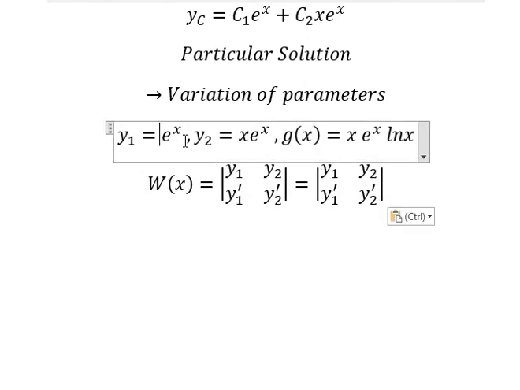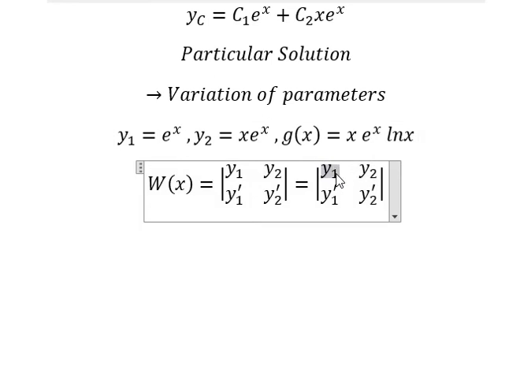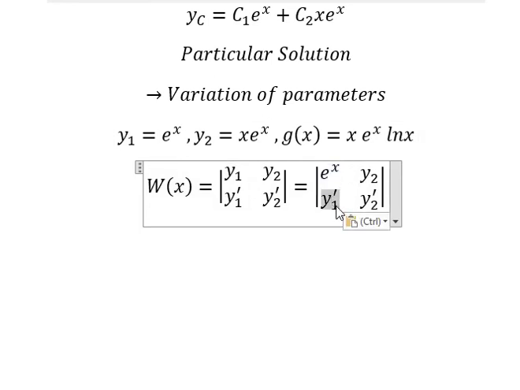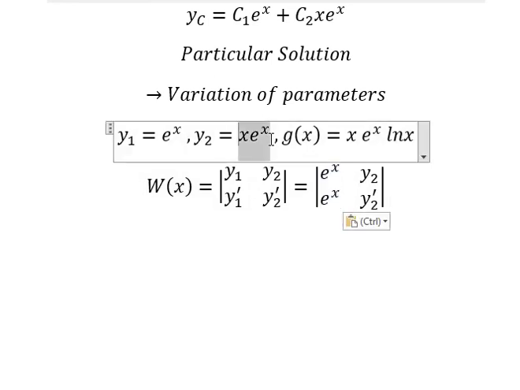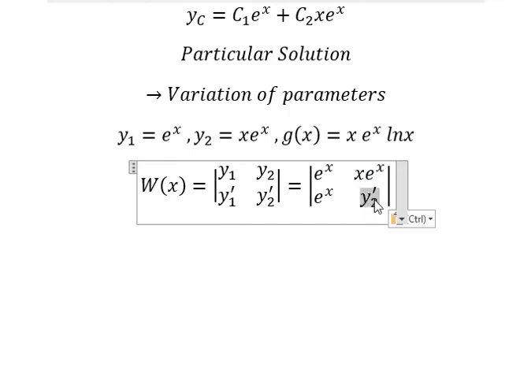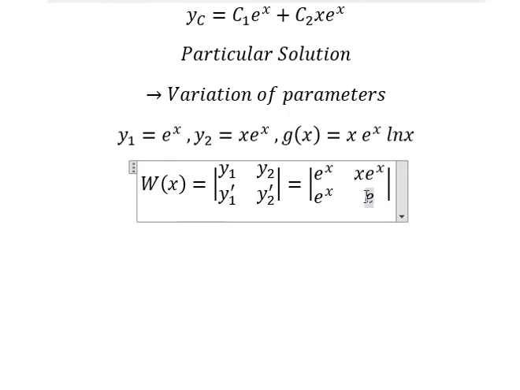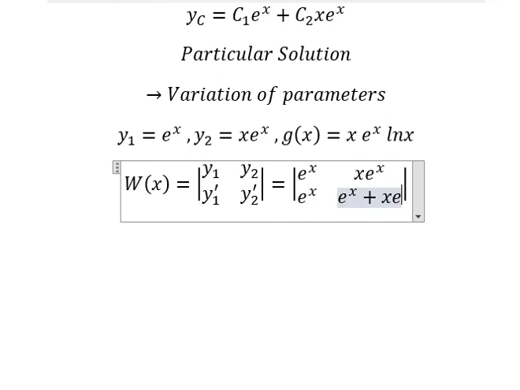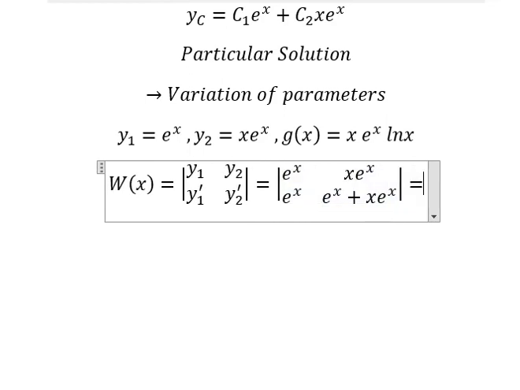So y1 we put this one here, and this one we keep the same. Y2 we put this one here, and the first derivative of this one we have like this. Now we put this one multiplied by this one minus this one multiplied by this one.